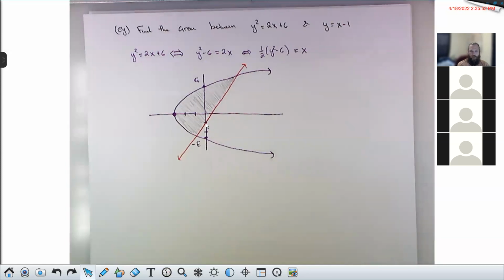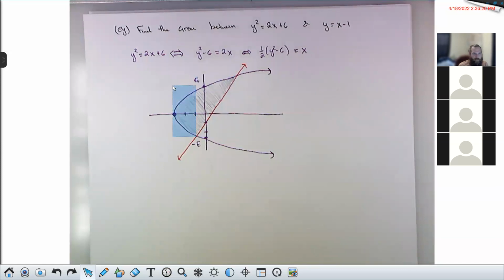Is there an upper and a lower here? Kind of, not really. Sure, here the purple is the upper and the red is the lower. In fact, everywhere to the right of this intersection point, you could say the purple is the upper and the red is the lower.